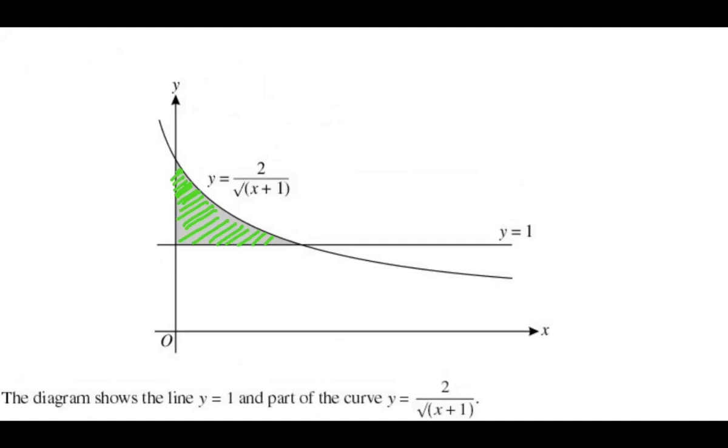Find the volume generated by this shaded region. तो मुझे बताइए क्या क्या आपको करना पड़ेगा ये वॉल्यूम फाइंड करने के लिए. देखिए, वॉल्यूम अबाउट वाई एक्सिस का फॉर्मूला इज pi limits y1 to y2 x square dy.